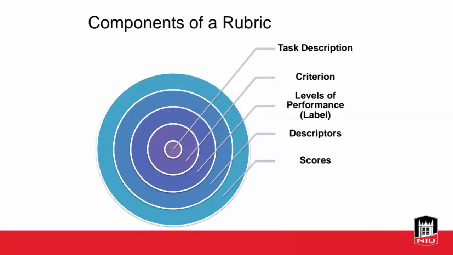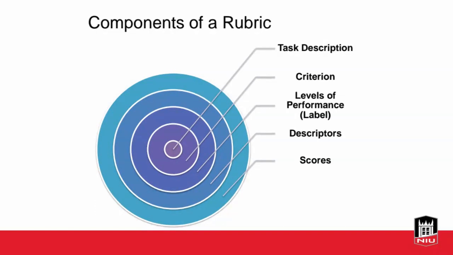Okay, so the components of a rubric. There are multiple parts of a rubric, like there are multiple parts of a task or an assignment, and each part of the rubric is really important, but it all contributes to the whole. Rubrics can be used to assess a lot of different things: features of an oral presentation, a written report, a musical performance, math problem solving, case studies.